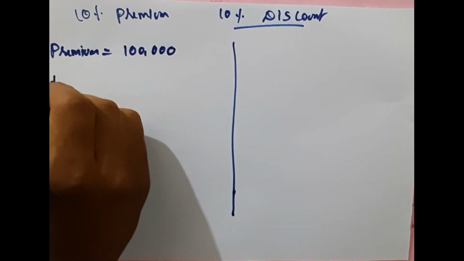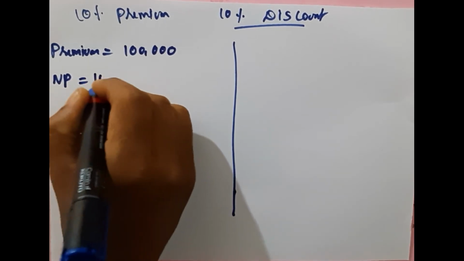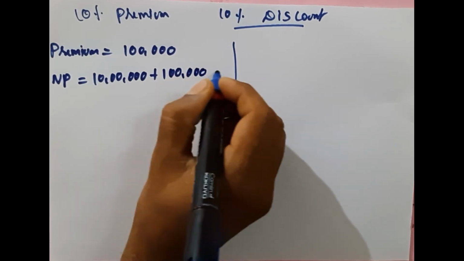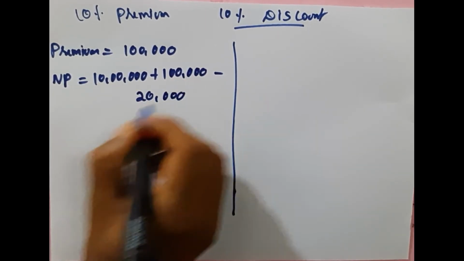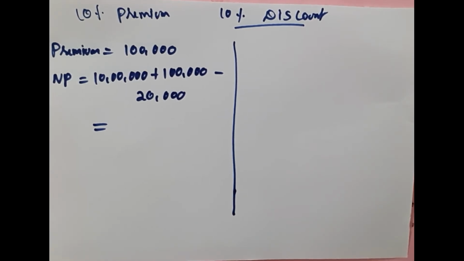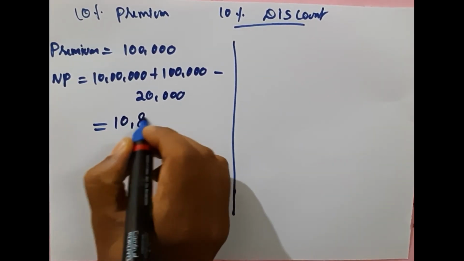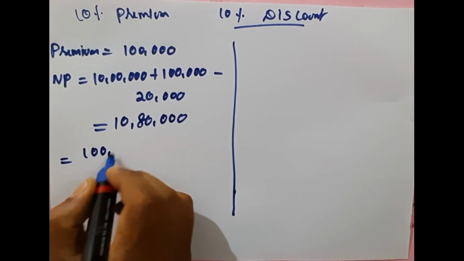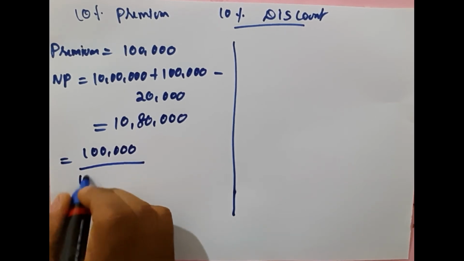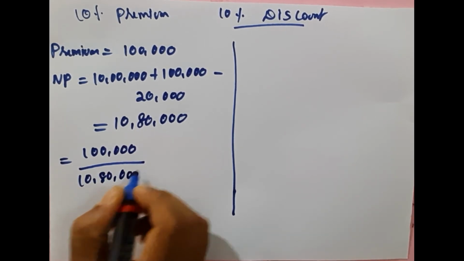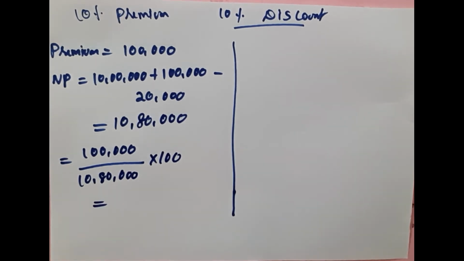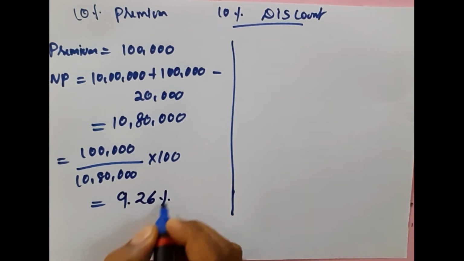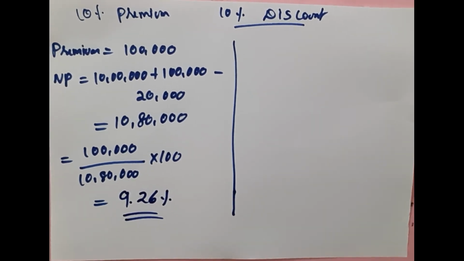So net proceeds of preference share is equal to 10 lakhs plus 1 lakh subtract 20,000, equal to 10 lakh 80,000. So apply the formula: 1 lakh, that is the dividend, divided by 10 lakh 80,000 into 100, the answer is 9.26%. Your cost of capital is 9.26%.